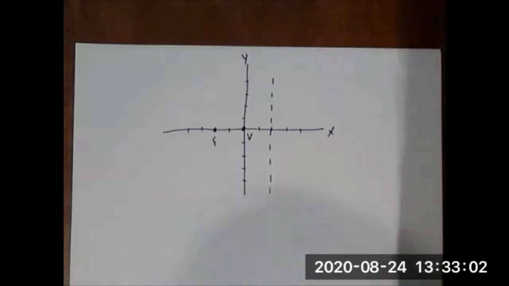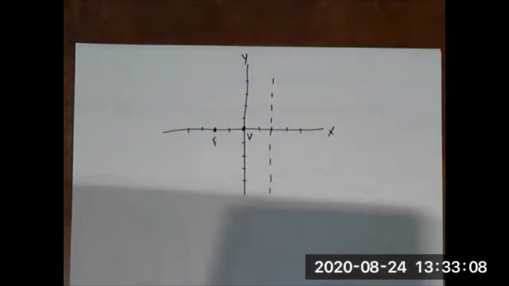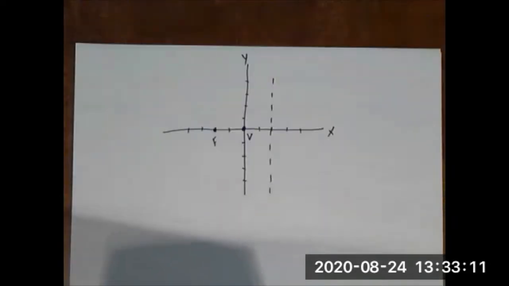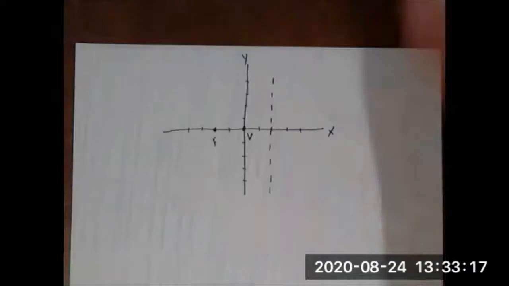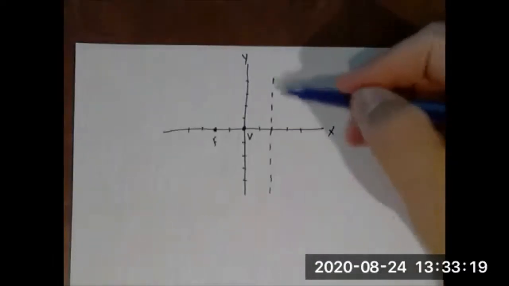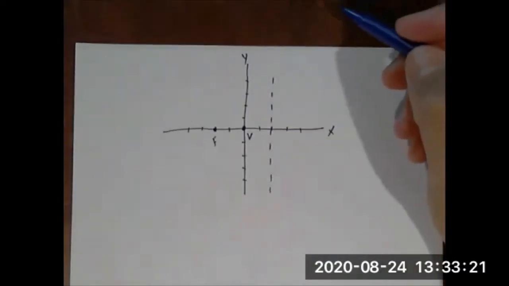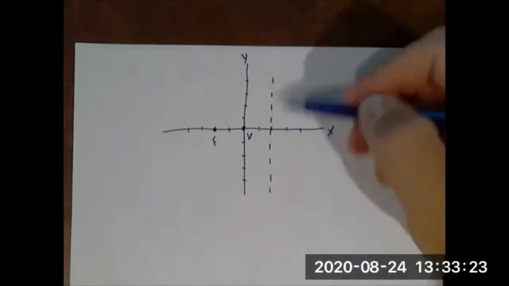And by the way, you might wonder what's the purpose of this directrix and stuff. Well, let me finish this problem, then I'll explain to you why the directrix is used sometimes.